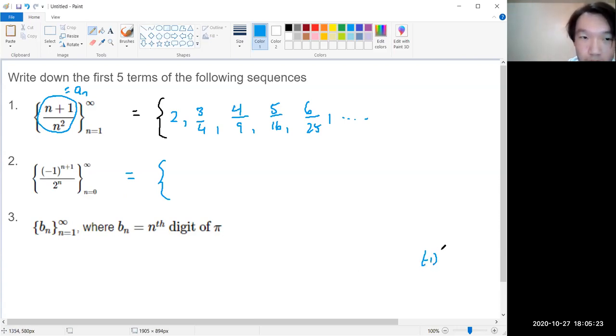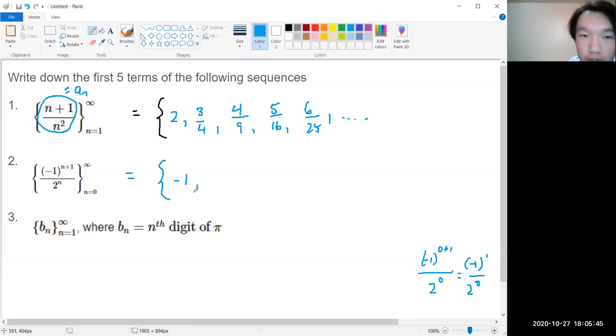We have -1 to the 0 plus 1 power over 2 to the 0. This is -1 to the first power over 2 to the 0 power. That's -1 over 1.